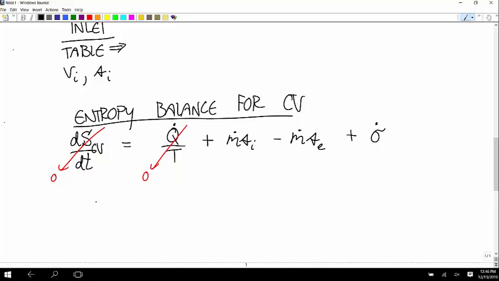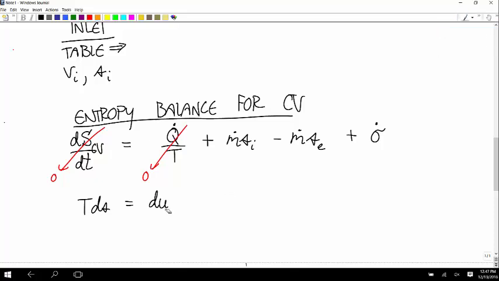So we can start with, let's just start with the TDS equation. So TDS is equal to du plus PDV. I think it's the other one that we want.